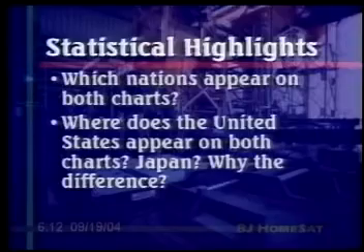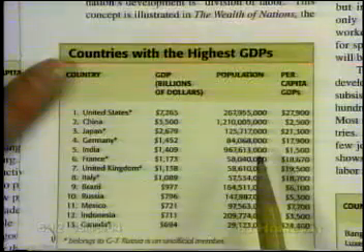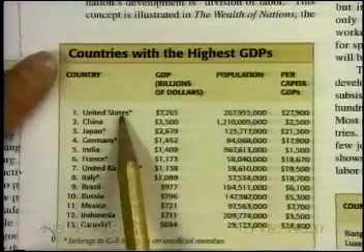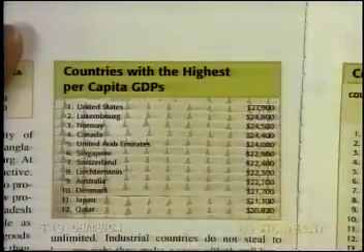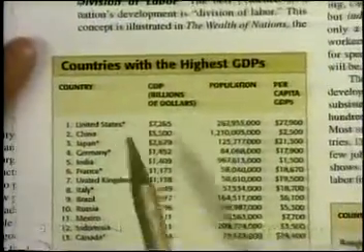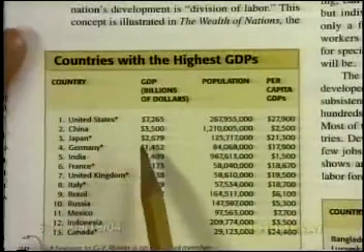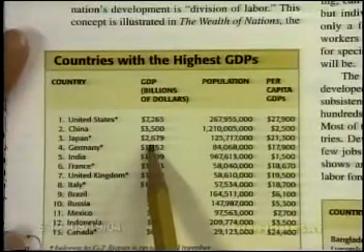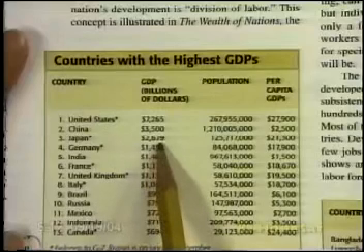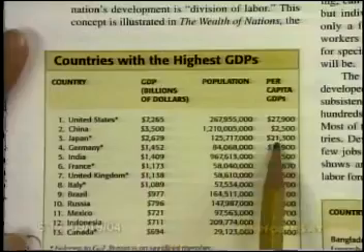Okay, let's look at this. The United States is first with the highest GDP. It's also first with the highest GDP per capita. Japan is third. It has the third highest. It makes the third most money in billions of dollars, $2,679 billion. However, look at their per capita, 21,300.